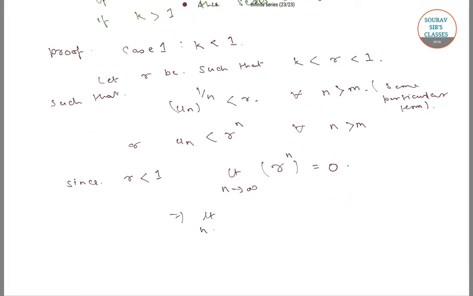This implies limit n tends to infinity r plus r square plus so on till r^n, which is equal to limit n tends to infinity 1 minus r raised to the power n divided by 1 minus r.